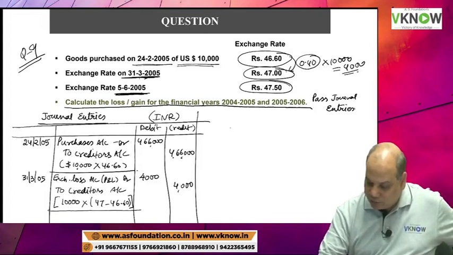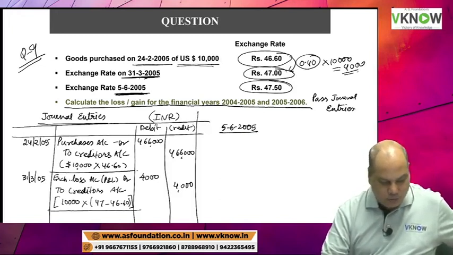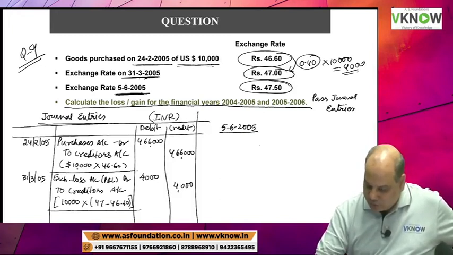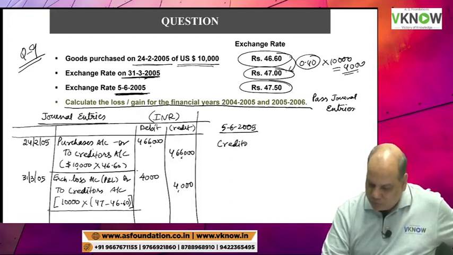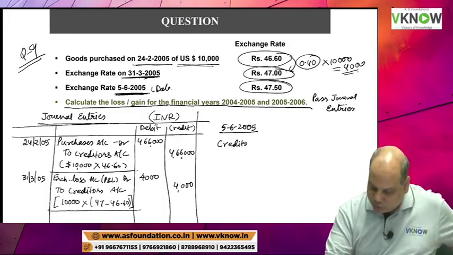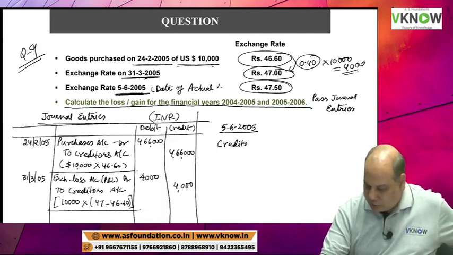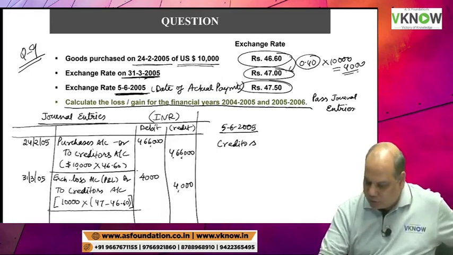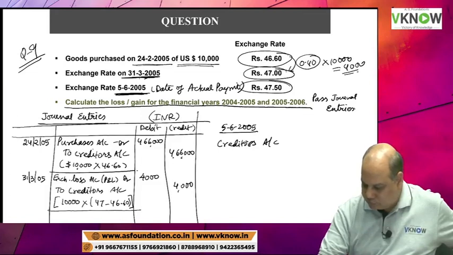Now one more entry on 5th of June 2005. One more entry we will pass is the payment entry. It is given, exchange rate, date of payment. This is your date of actual payment. Creditors account debit to bank.